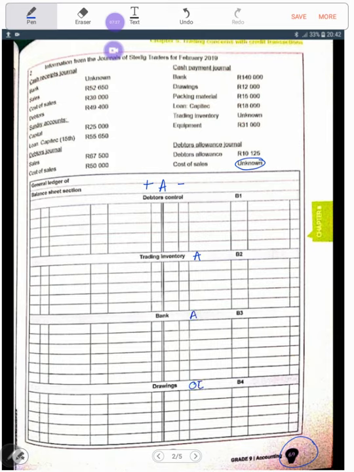Drawings is debited. It decreases owner's equity. Loan is a liability. Every time we take a loan, it will increase on the credit side. When I pay my loan, grade 8s, it will decrease and I'll make the transaction on my debit side.